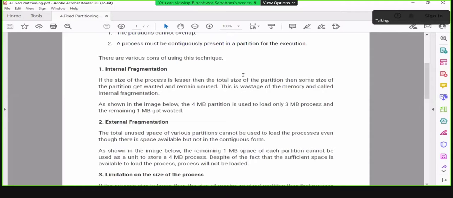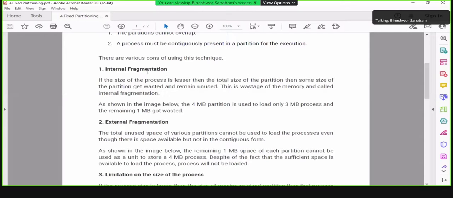When we say internal fragmentation, we refer to fragmentation inside the partition. And when we say external fragmentation, we refer to wastage of storage in the overall memory.